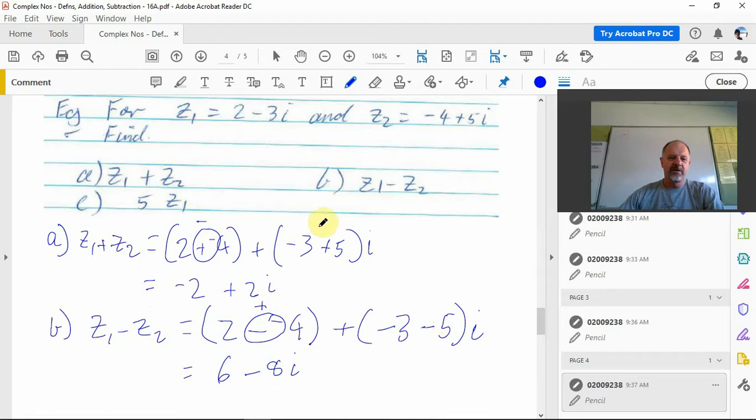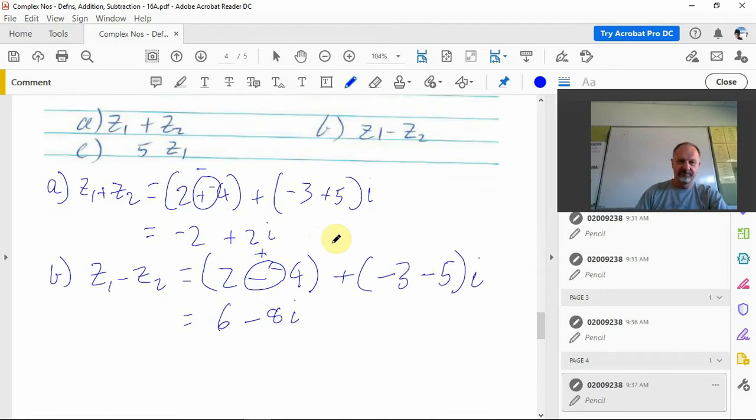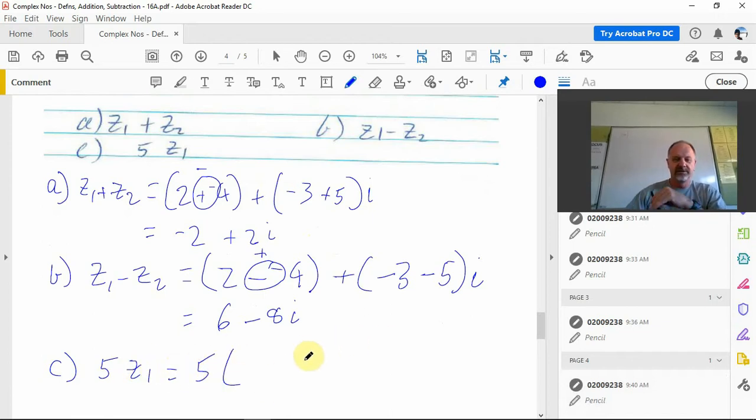All right, next one is if we're just multiplying by a whole number. So for c, 5 times z1 is simply 5 times, what is it, 2 minus 3i.